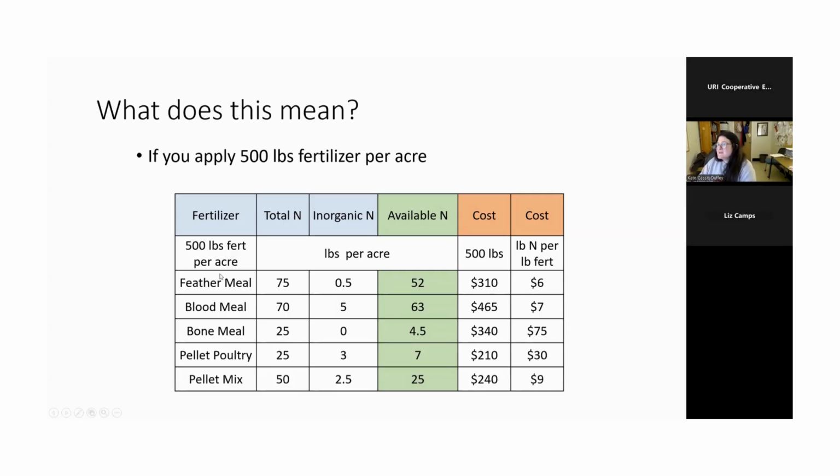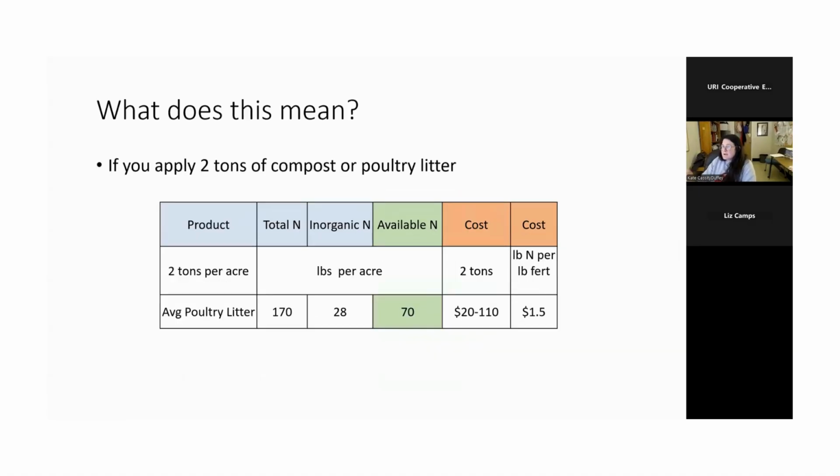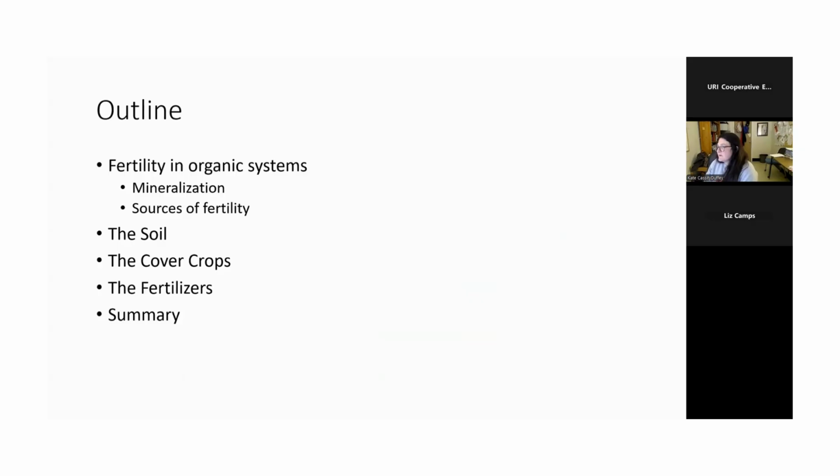So feather meal costs more, but when we look at per unit of nitrogen, we get a lower cost overall. Similarly, poultry litter has a lower nitrogen rate. If I put out 2 tons per acre, I can look at my per nitrogen unit cost, but you have to be careful with those raw litters in organic systems.